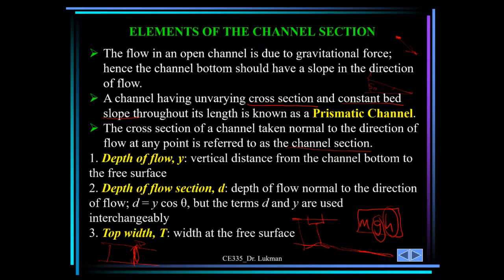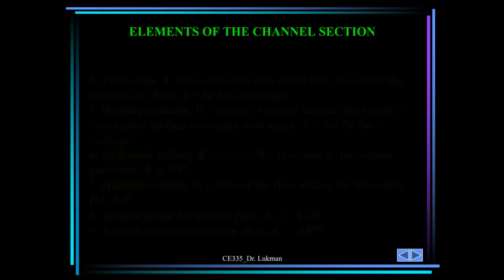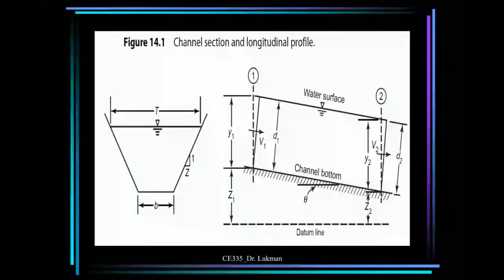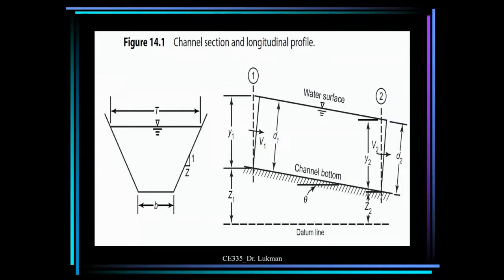And you have the depth of flow section, which is the depth of flow normal to the direction of flow. You can see this is the channel slope, and this is the depth of flow that is perpendicular to the flow section.